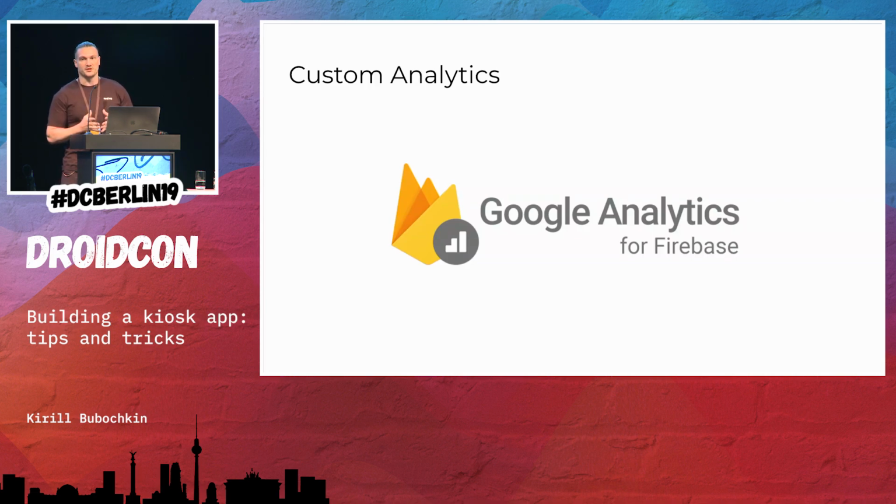That means that we basically need some manual session management, but there is no way to do this in Firebase Analytics. Right now, we are using plain old Google Analytics for manual session management. But unfortunately, it's deprecated. It's going to be closed in November.